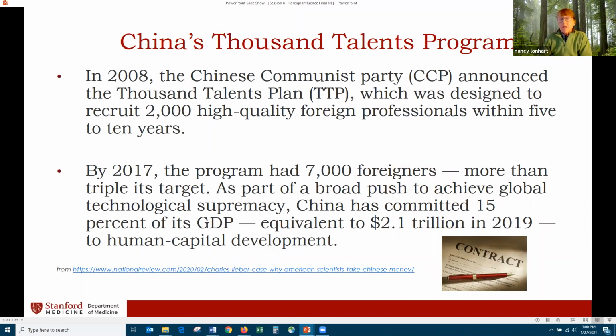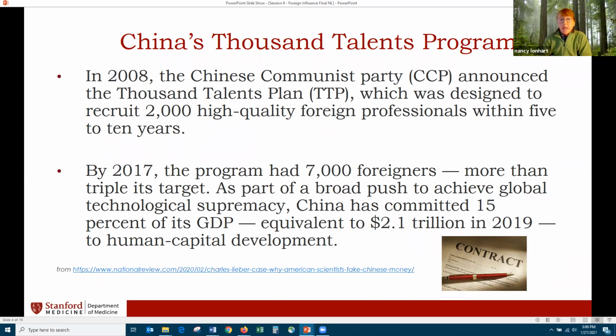So the Chinese Communist Party had announced as far back as 2008 that they were going to promote a program where they would try to engage high quality foreign professionals in what was called the 1,000 Talents program. And their goal was to achieve global technology supremacy.